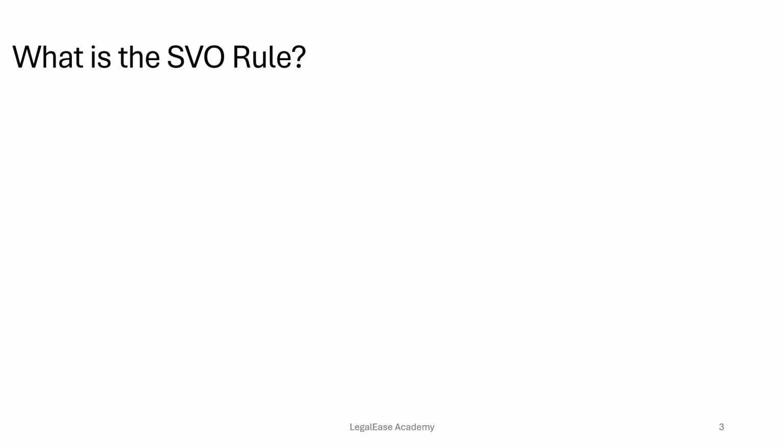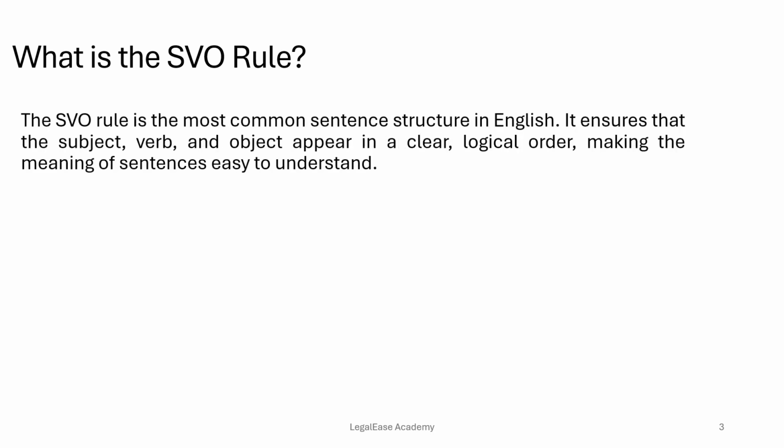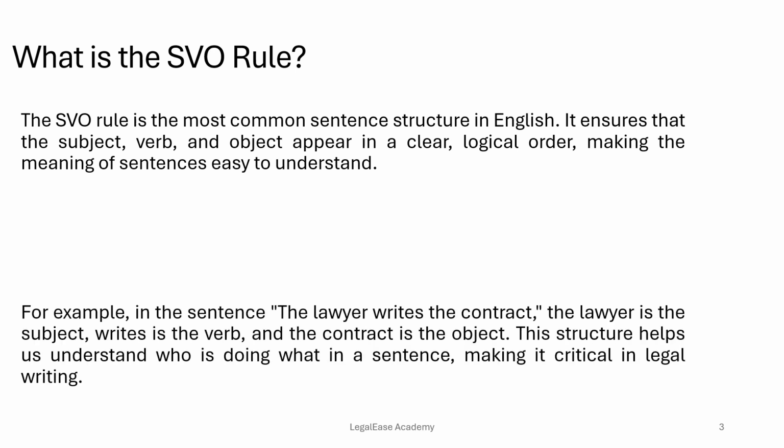So first of all, what is the SVO rule? The SVO rule is the most common sentence structure in English. It ensures that the subject, verb, and object appear in a clear, logical order, making the meaning of sentences easy to understand.